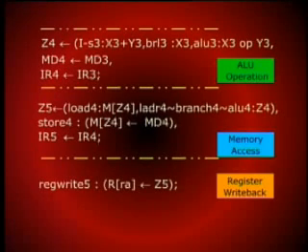Now, if it is a store instruction, the data from MD4 is stored in the memory location indicated by Z4. So after the store operation, the memory is updated by the data given in MD4 in the location indicated by Z4. And finally, IR4 contents are moved on to IR5.